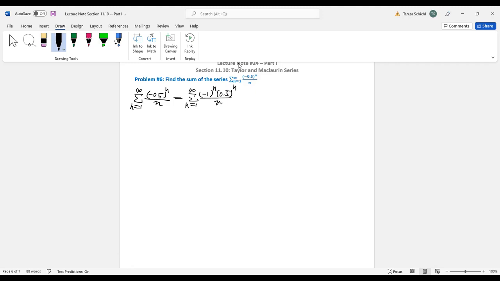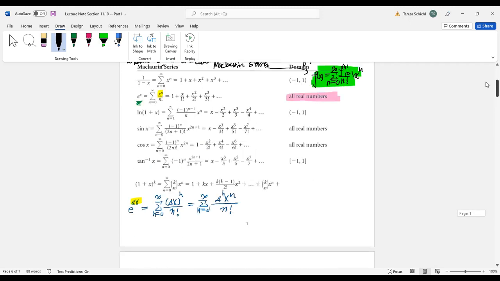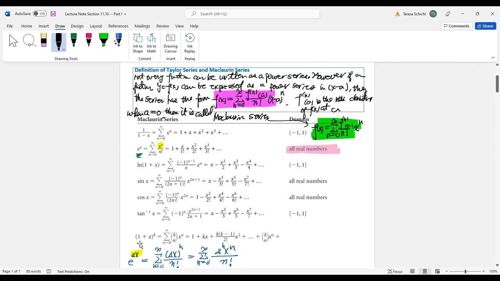Okay, so this is very similar. Now if you go back to my existing Maclaurin series, let's see which one looks very similar.